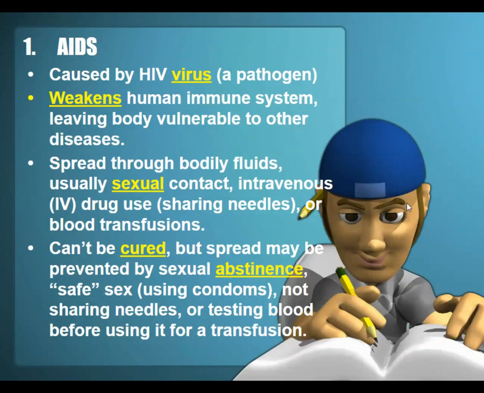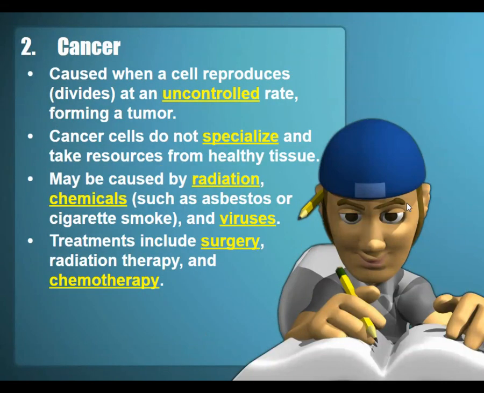AIDS cannot be cured, but its spread may be prevented by sexual abstinence, which means no sex, or by having safe sex where you use condoms, or by not sharing needles, and they test blood before using a transfusion. Those are all things that are going to prevent it from spreading. Cancer is another disease.